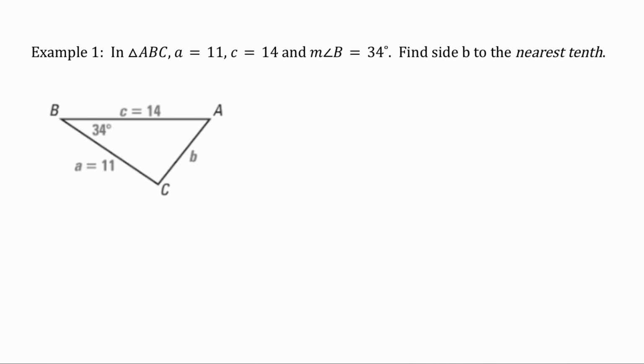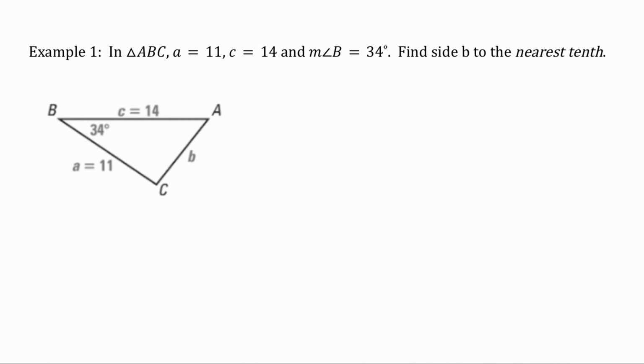Ultimately, if you don't have a picture, you definitely want to use a picture on these. It says in triangle ABC, side a is 11, side c is 14, angle B is 34. We want to find side b to the nearest tenth. The idea with this one is the angle and the side opposite are your beginning and ending points.